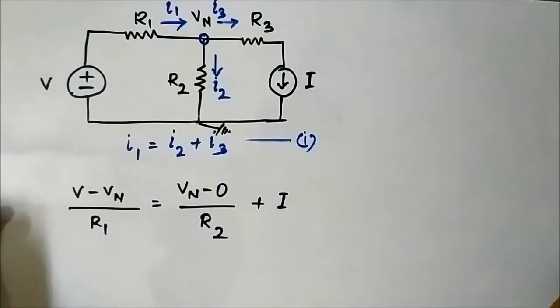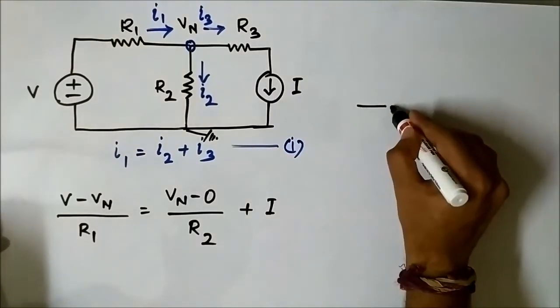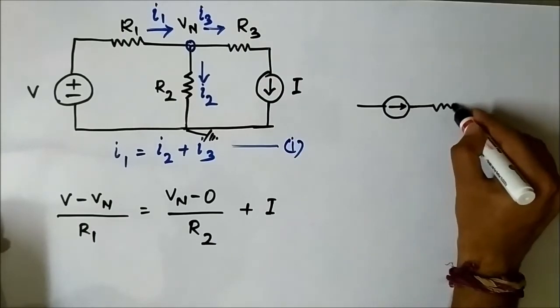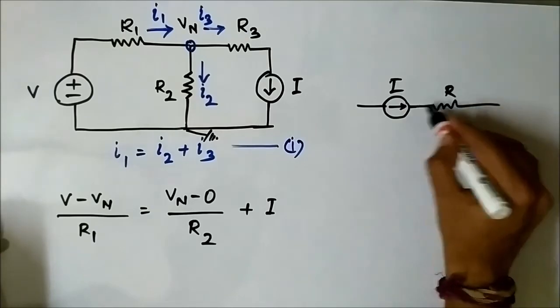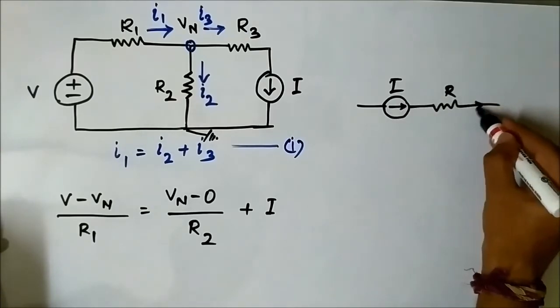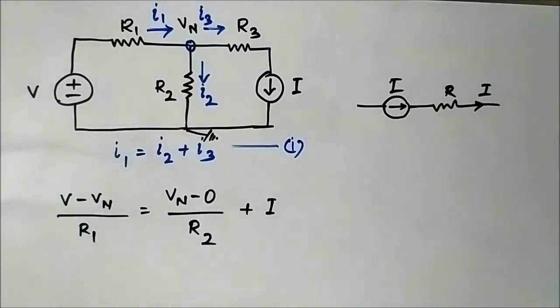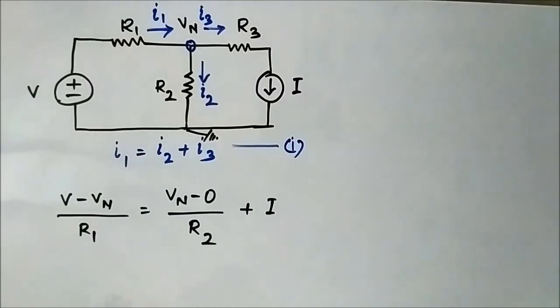If there is a current source here and a resistor of any value, the current flowing through this resistor will still be I. So, this makes no difference. Okay, so this is the nodal equation.